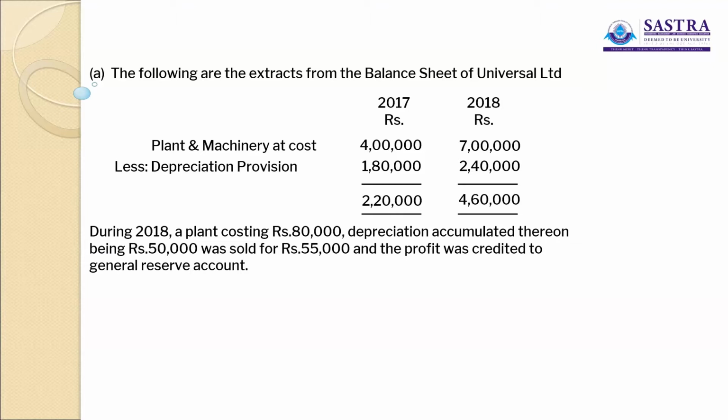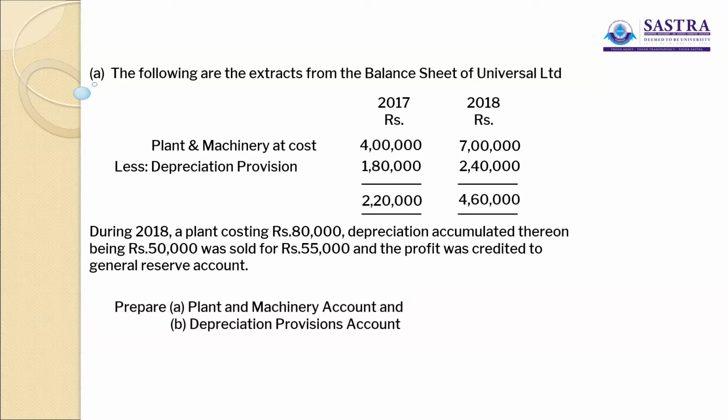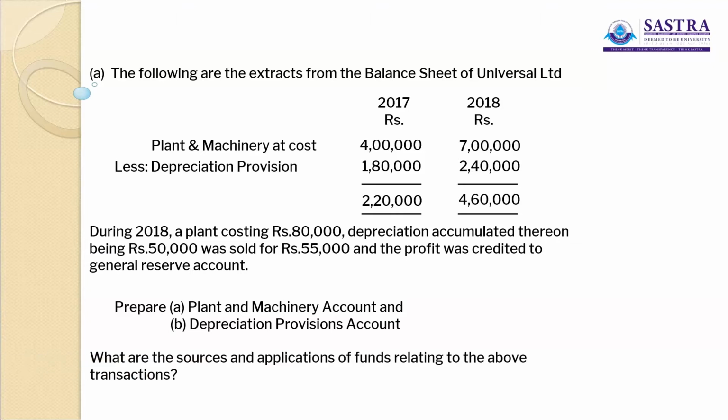So the book value of the asset should be calculated, and it is given in the question that the profit was credited to the general reserve account. And the question is, you are asked to prepare plant and machinery account and depreciation provision account, and also to find out the sources and applications of funds relating to the above transactions.